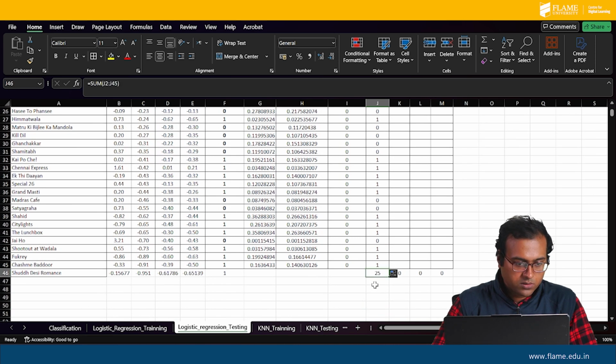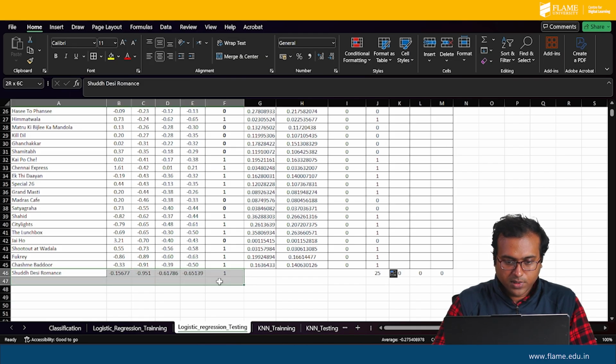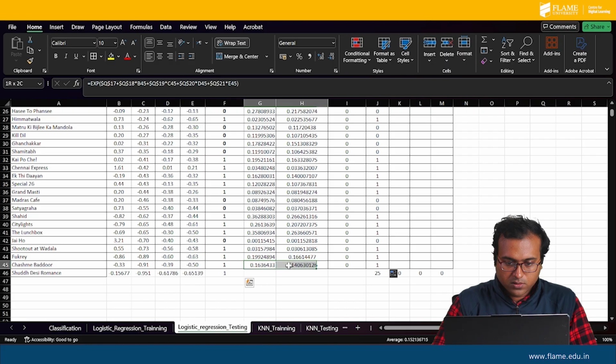Okay, so here also I'm just removing this one. So I have missed this one case, so I can just drag these formulas.